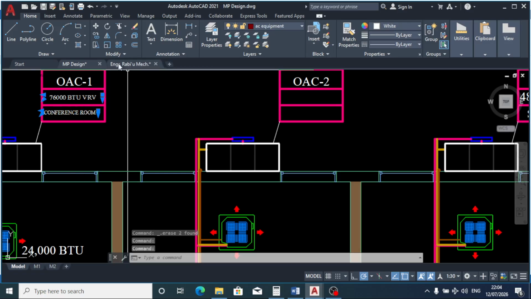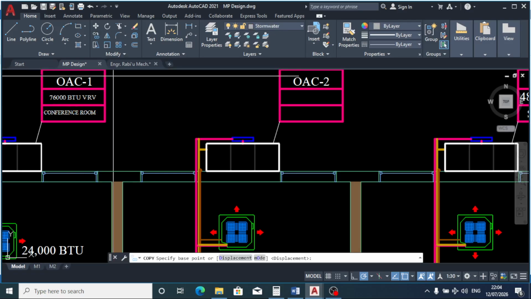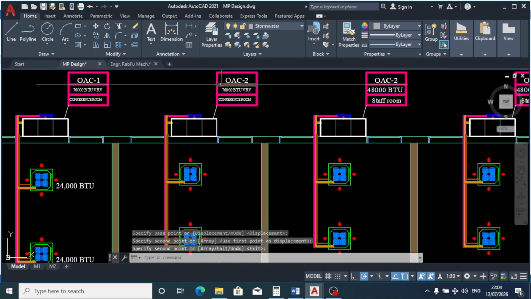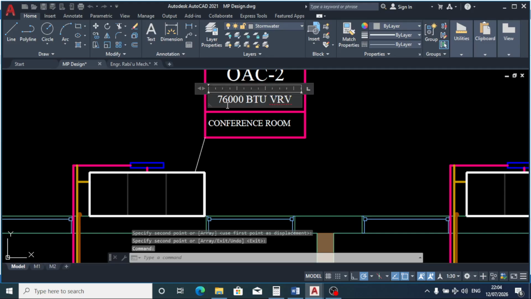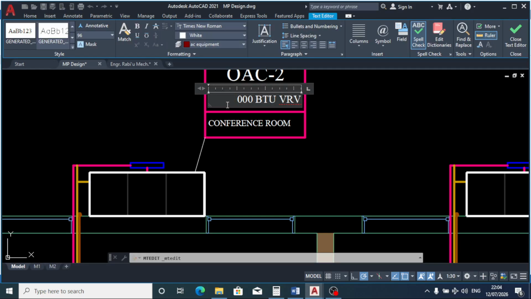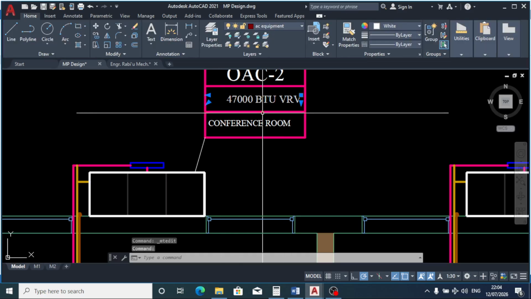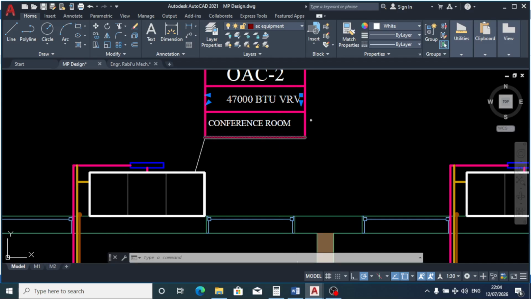Let's copy this. 47,000 BTU VRV, because 47,000 BTU is a very big outdoor unit, so I don't think it comes as an ordinary outdoor.